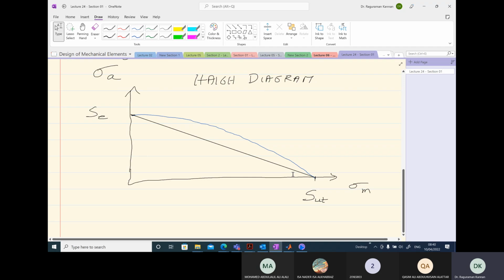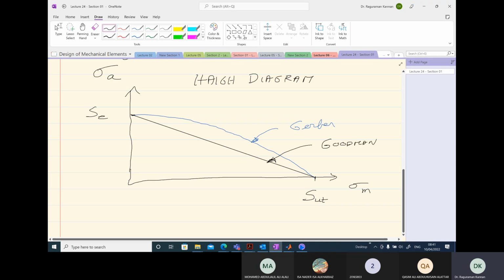This becomes the Gerber curve. Assume this is parabolic. And then the black line is the Goodman line.